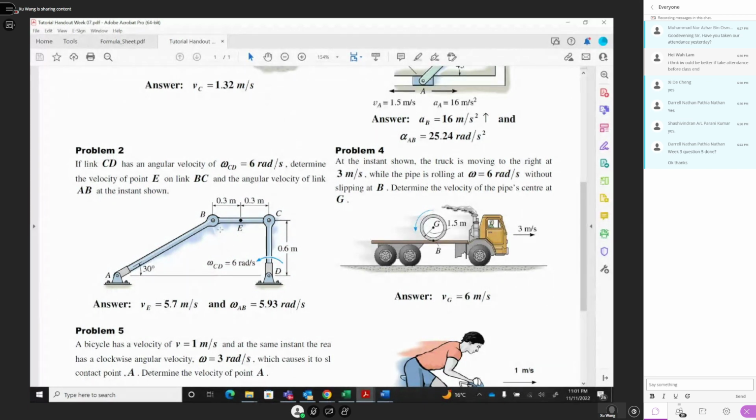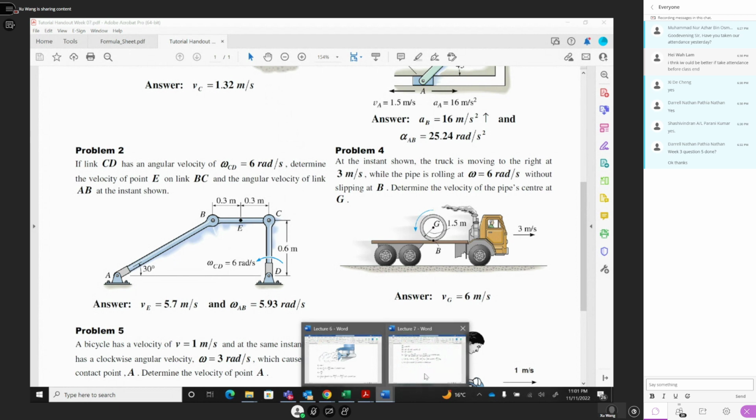And also we know AB, you push AB, it is also anti-clockwise, so B velocity must go this way. And then you extend AB, the rotation center should stay on the AB extension. The AB extension and the BC extension cross-section is your rotation center for BC. That's why I find the rotation center first.